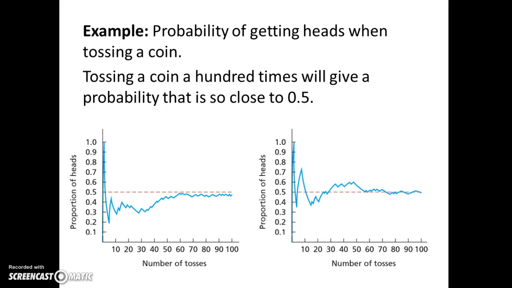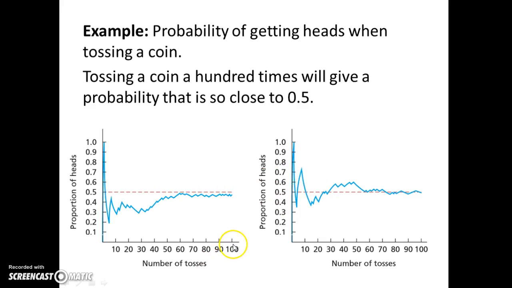For example, you toss a coin, and you want to find the probability of getting heads. We should use a large number of repetitions. Here we use 100 times. We toss the coin 100 times. So there are 2 separate experiments.